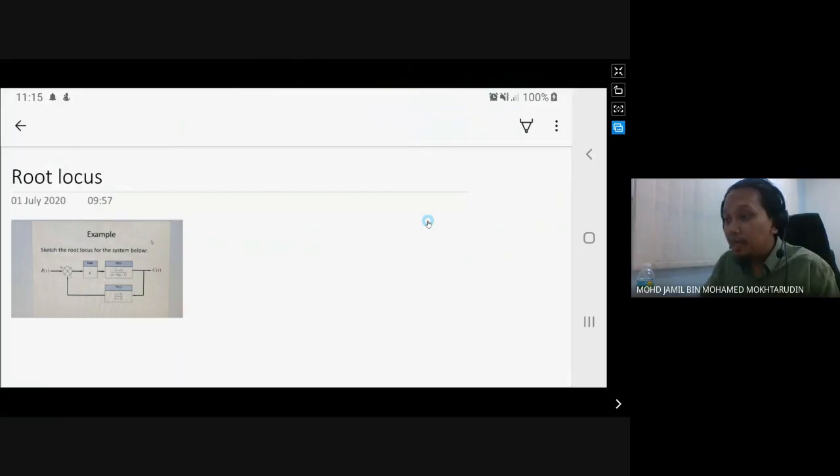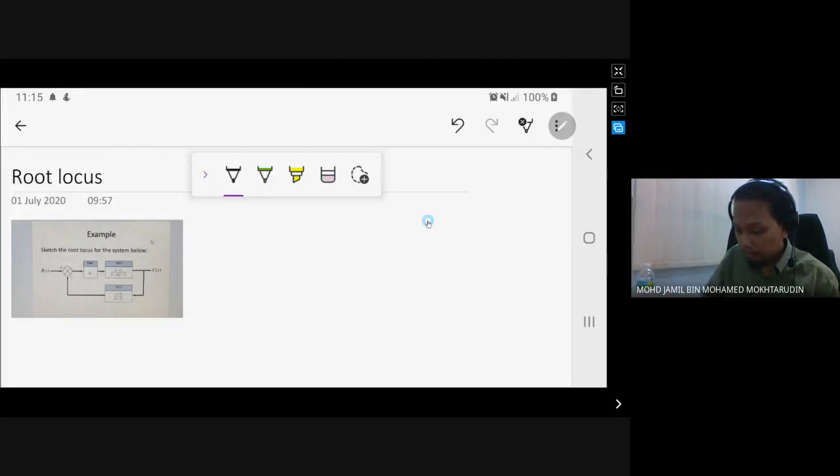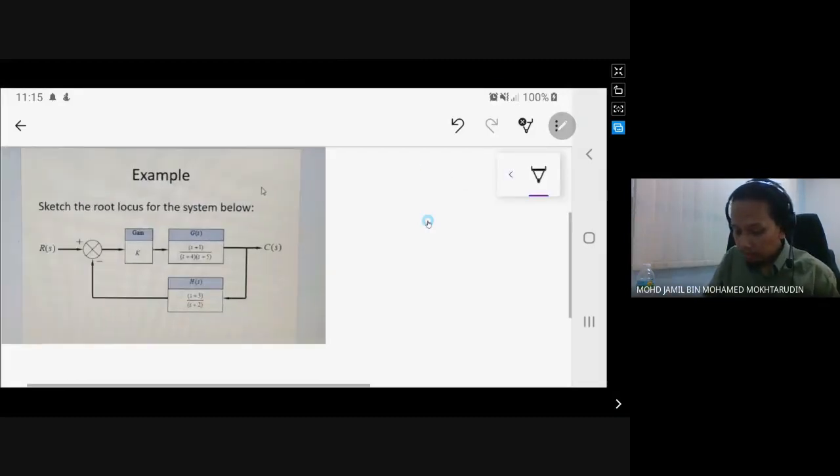Okay, I am back. So we discuss this question: sketch the root locus for the system below.